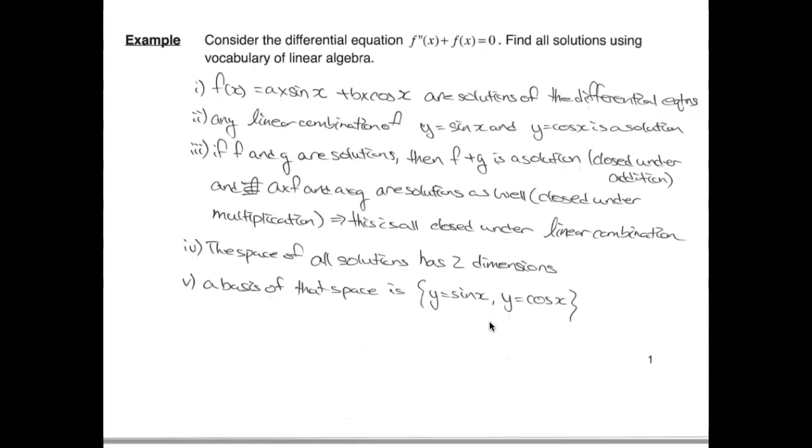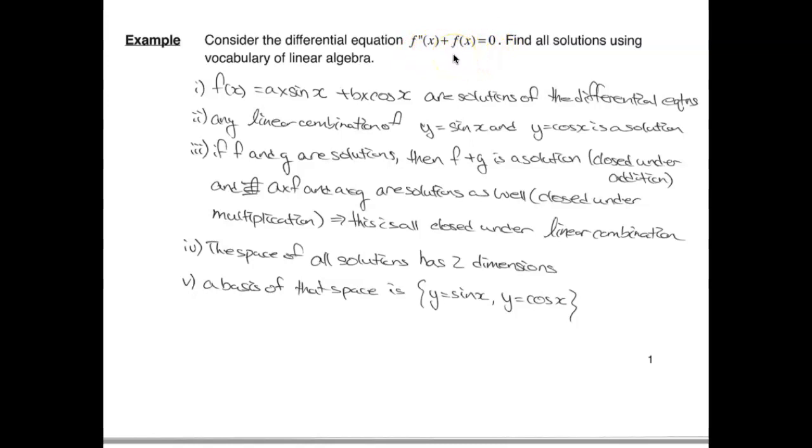So here's a first example, and I hope you will appreciate what we're doing now, because this is really the transition from using vectors to the full power of linear algebra in a way. If you look at this differential equation here, you may guess that sine x is a solution, because when I take the second derivative, this reads f double prime of x plus f of x equals 0, and we're trying to find functions that fit here.